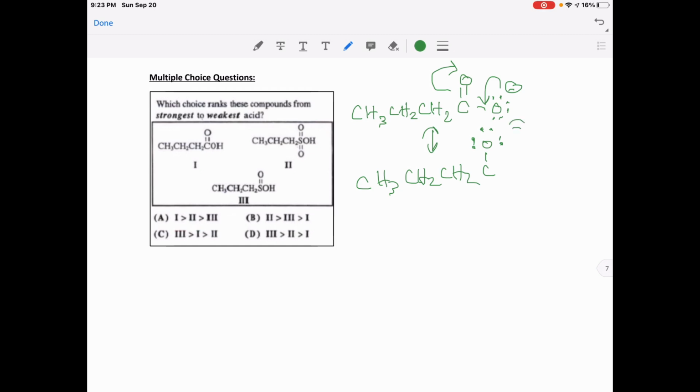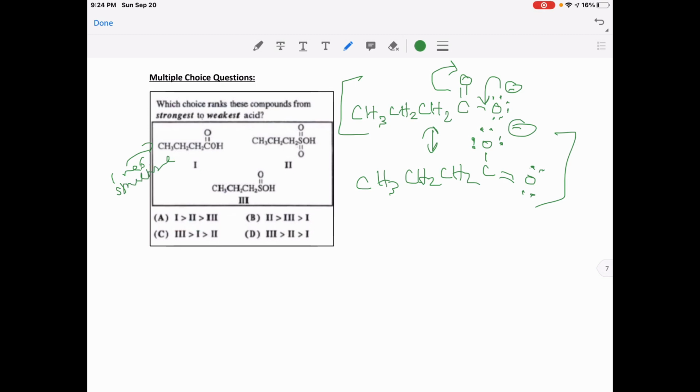And that causes that oxygen to be negatively charged, while this oxygen receives a formal charge of 0. So that is one resonance structure. So I'll just note that down. One resonance structure.